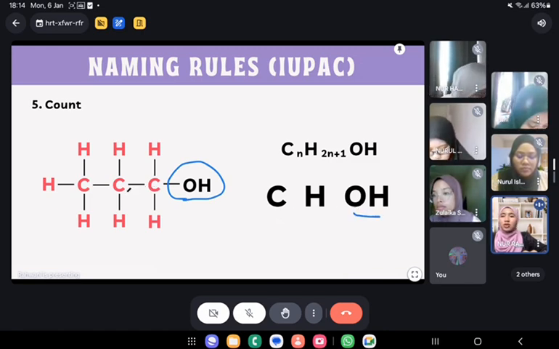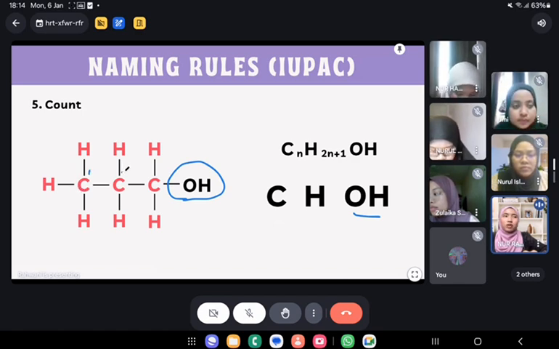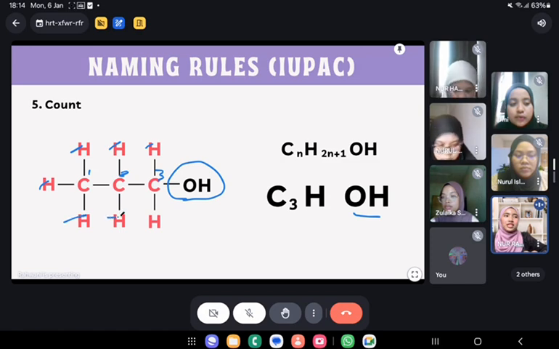Then we need to count how many carbon atoms this structure has. Let's count together. We have 1 carbon atom, 2 carbon atoms, and 3 carbon atoms. So we have C3. Now let's count the hydrogen atoms of this compound. We have 1 hydrogen atom, 2 hydrogen atoms, 3, 4, 5, 6, and 7 hydrogen atoms.